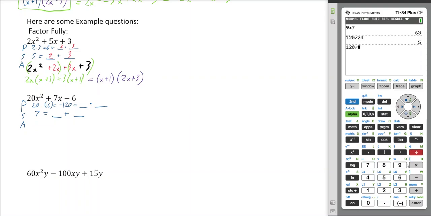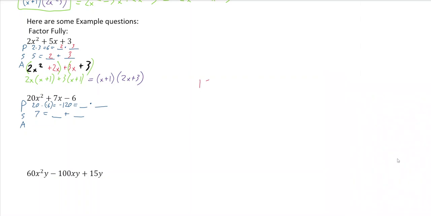120 divided by... basically we have to come up with all the different numbers that multiply to get 120.